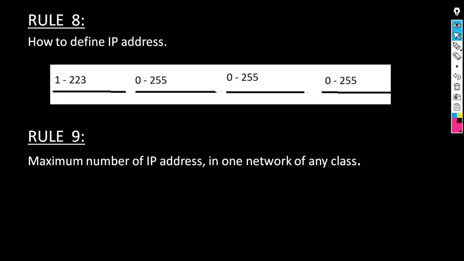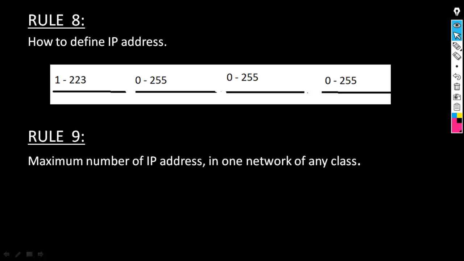So we will start with the value 1 and we can use values up to 223 in the first octet. The reason why we use values up to 223 is because we can use IP addresses up to class C only.